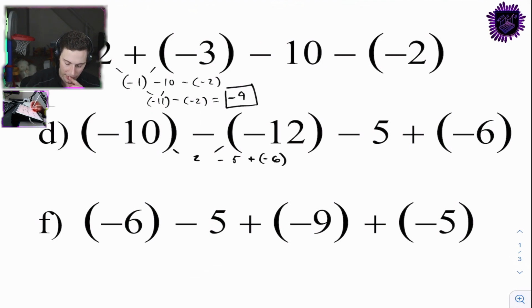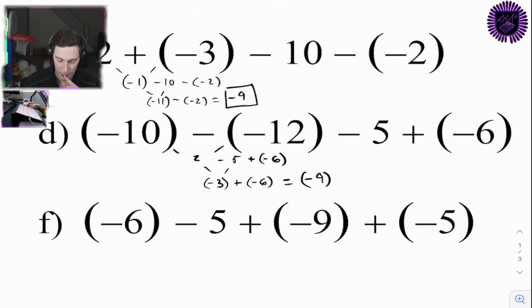So 2 minus 5 is going to be negative 3 plus negative 6. And negative plus a negative is going to equal negative 9. Negative 10, positive 2. 2 minus 5 is negative 3. Negative 3 plus negative 6, negative 9.